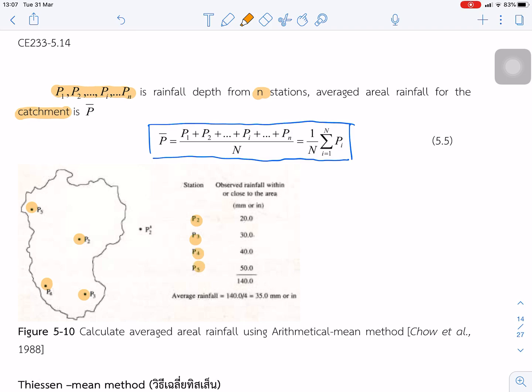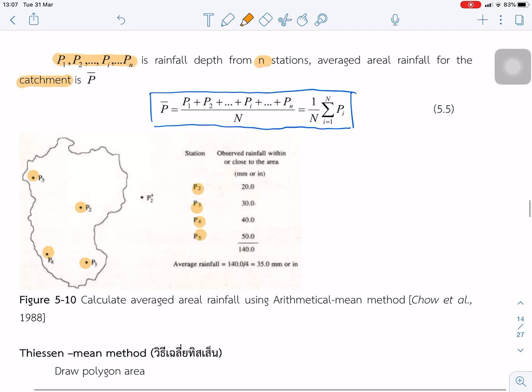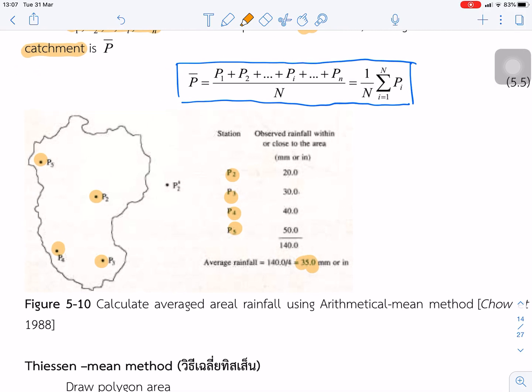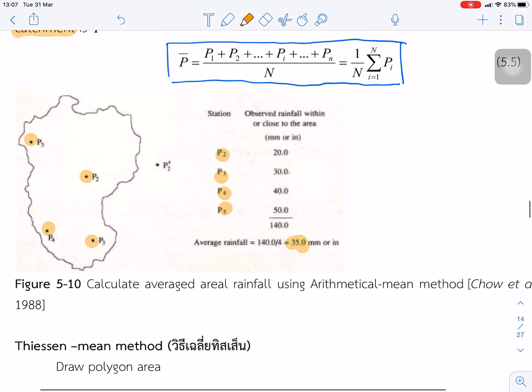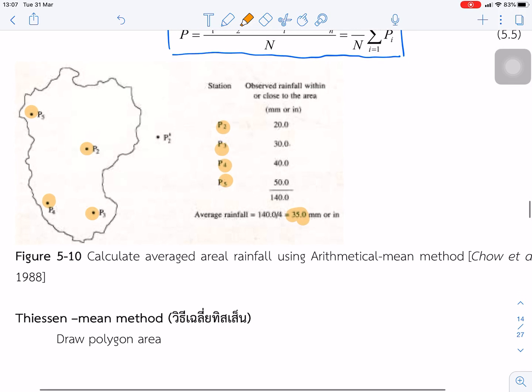We can just take the average of the rainfall inside of the catchment, so we got 33 millimeters. Okay, we have to choose only the rainfall inside the catchment area. Don't include stations outside the catchment area.